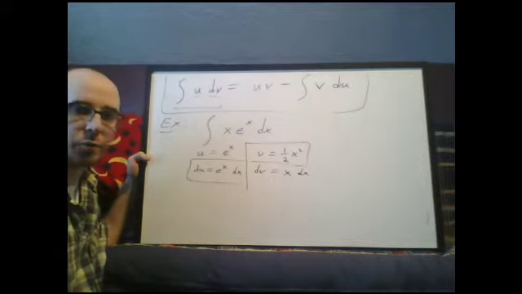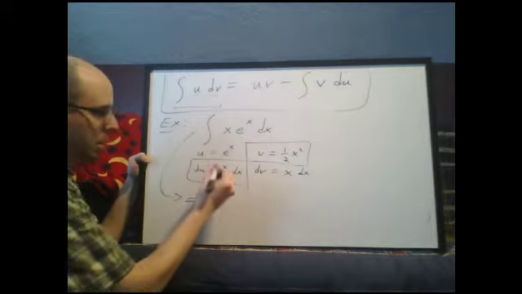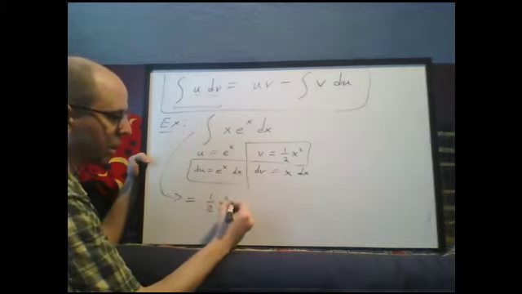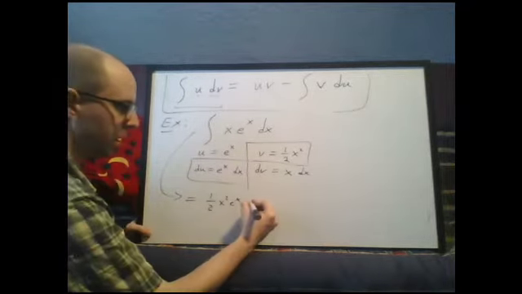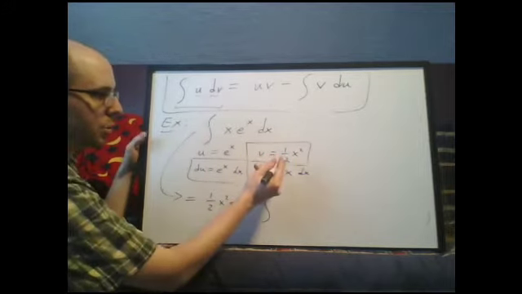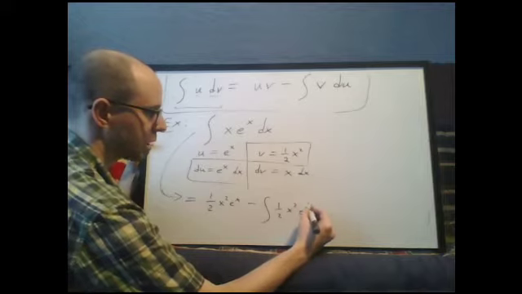So we have our four ingredients now. Let's apply our formula. U times v would be 1/2 x squared e to the x, minus the integral of v du. V du would be 1/2 x squared e to the x dx.